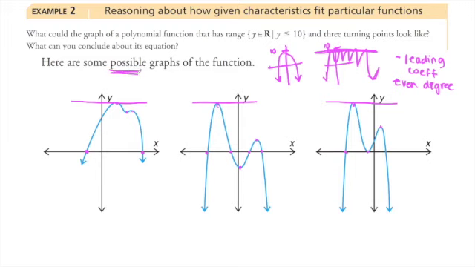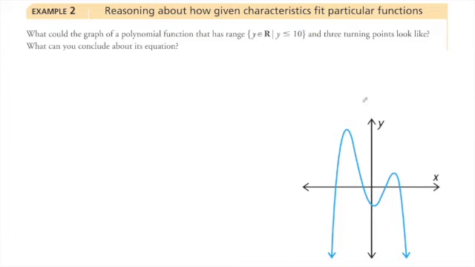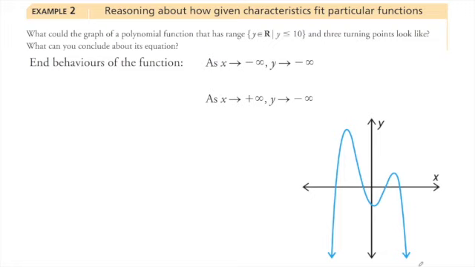For this again, what can you conclude about its equation? You know that the end behaviors, as x approaches negative infinity, y is going to approach negative infinity, and as x approaches positive infinity, y is going to approach negative infinity. So looking at those end behaviors, just given this information, you can come up with what end behaviors have to be. Okay, it has to be an even degree, which I already said.